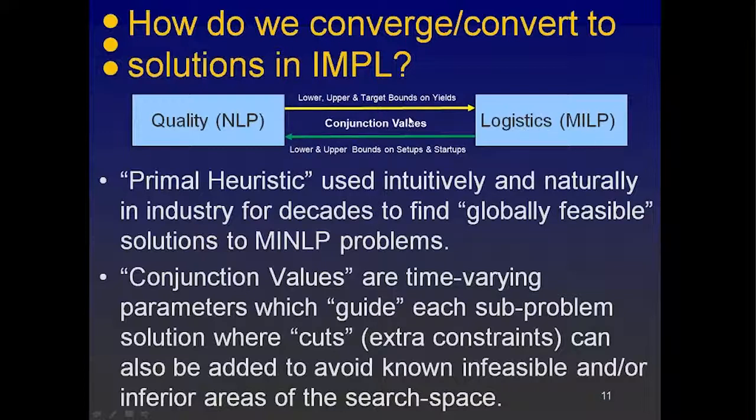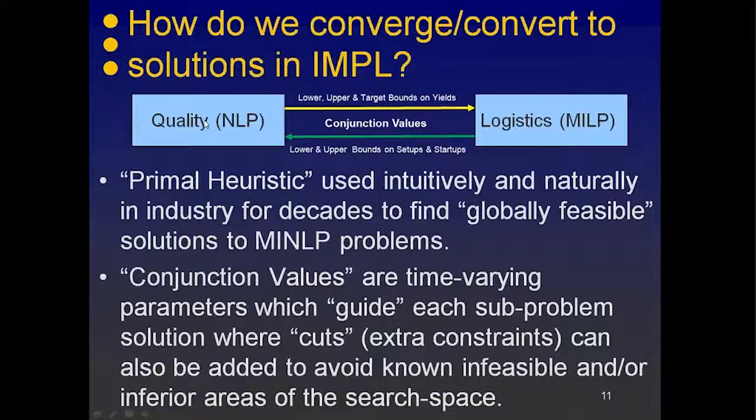But essentially what you can do, you can set up a logistics problem first where you proxy the nonlinearities using what we call yields, or these are called conjunction values. So you'll solve an MILP, you'll then fix the binary variables, and then you will go and solve a NLP.